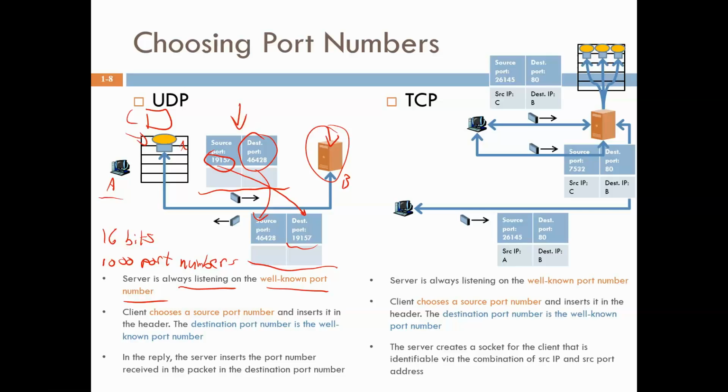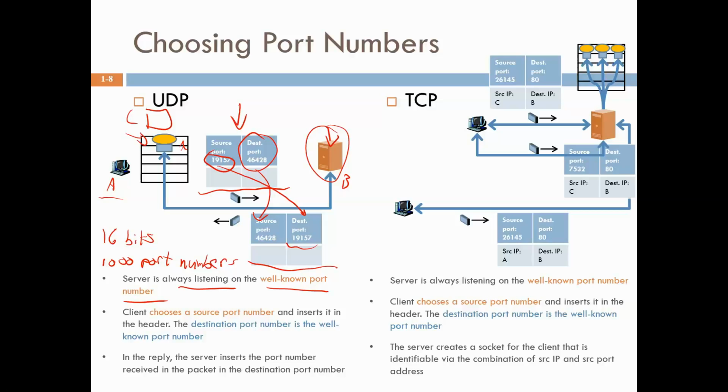So because TCP needs to do that, the socket is now identified not only with the source and destination port numbers, the socket is also identifiable using the source and destination IP addresses. So a socket in UDP is only identified using two pieces of information, which are the source and destination port numbers. The socket in TCP is identified using source and destination port numbers plus source and destination IP addresses.